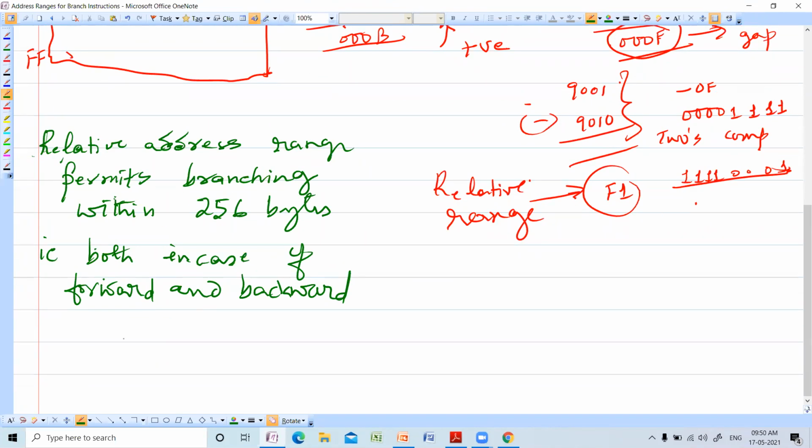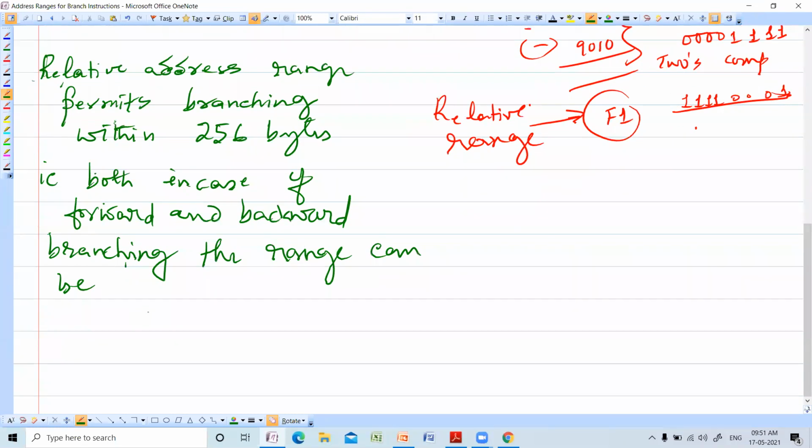Very interesting, the range can be FF00 to 007F.